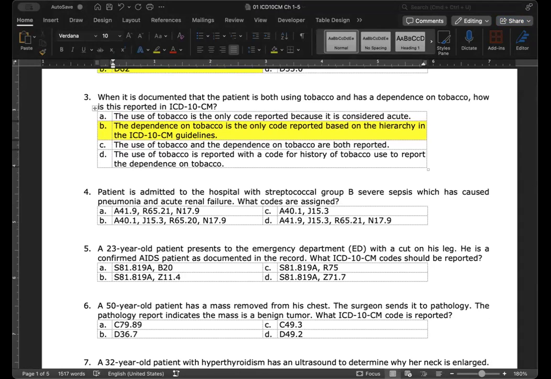We have A and D that have A41.9, and then we have B and C that have A40.1. Let's go look at one of the two and determine which one we should use, because either way, we're going to rule out two options. So let's go look at A41.9 first.